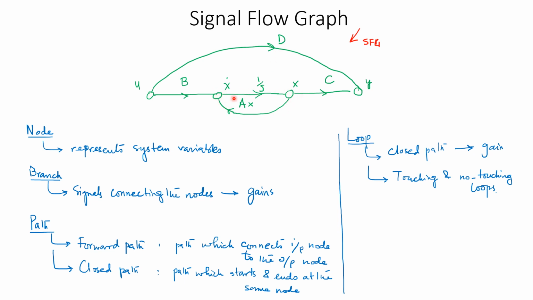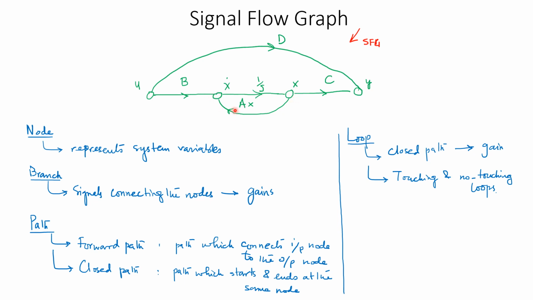There is no node which is being shared by this forward path. So this loop is going to be non-touching for the forward path from U through D all the way to Y. But if you consider the path starting from U through this route all the way to Y, having all these intermediate nodes available as well, then for that this loop is a touching loop.